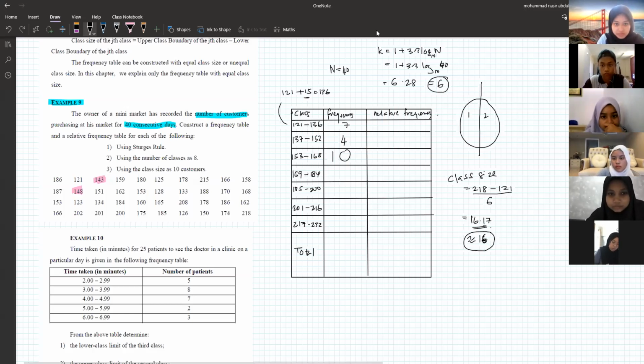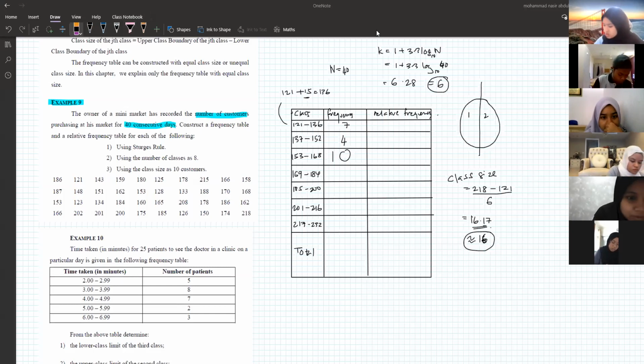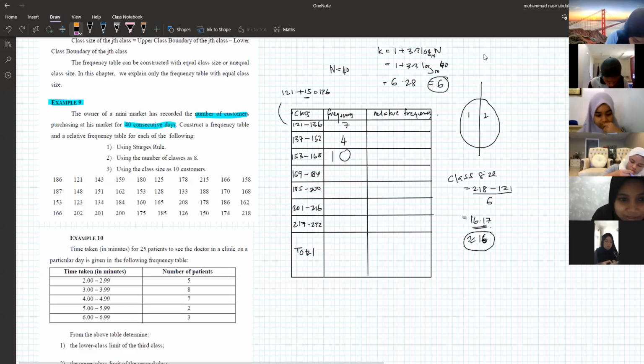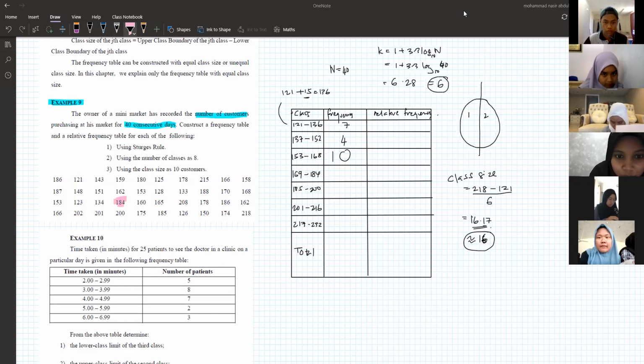For the fourth one, how much did you get? 169 to 184, how much did you get? 11 for the third class, is it?